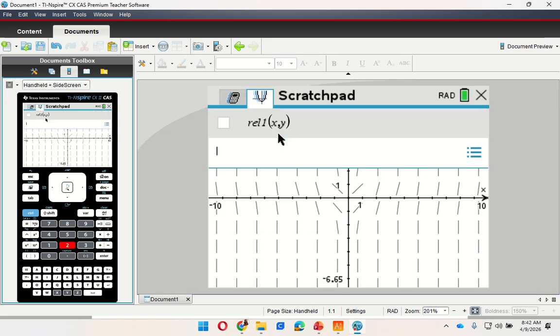My relation started with 0 equals, was it 3x squared y minus 4y plus 2.